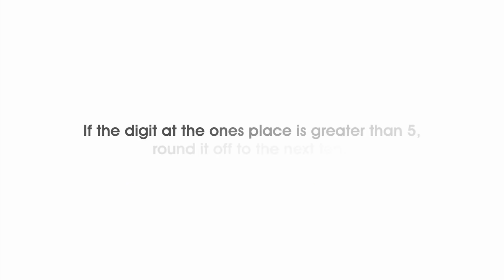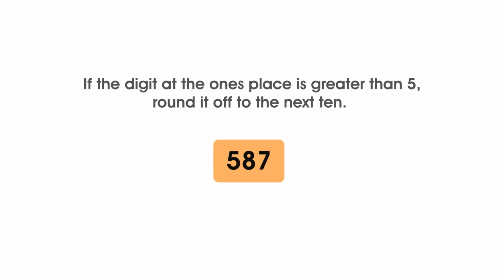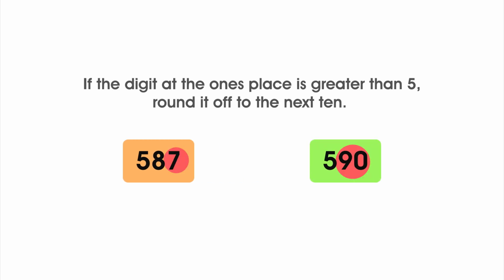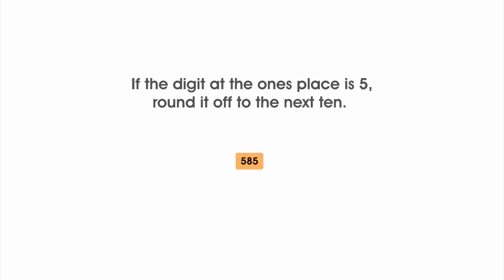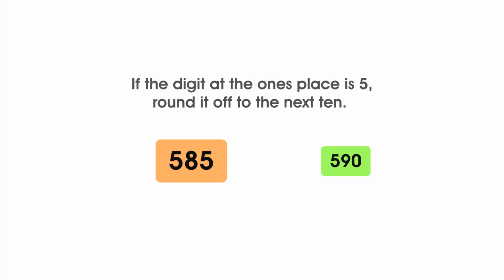If the digit at the ones place is greater than 5, round it off to the next 10. 587 can be rounded off to 590. If the digit at the ones place is 5, round it off to the next 10. 585 can be rounded off to 590.